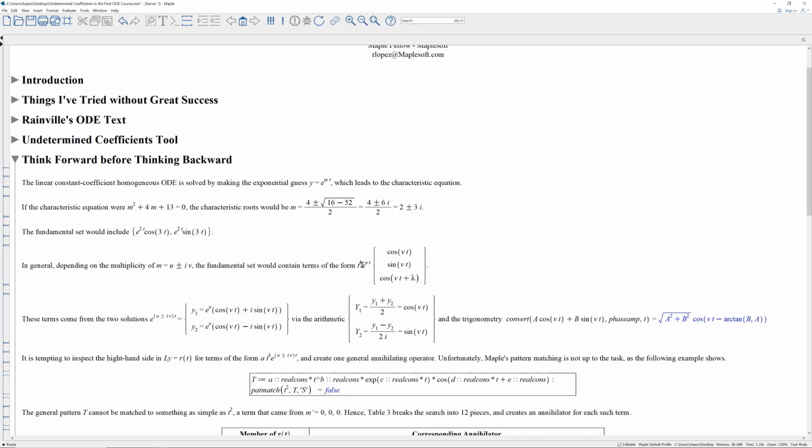And here's the multiplicity factor, t to the b.